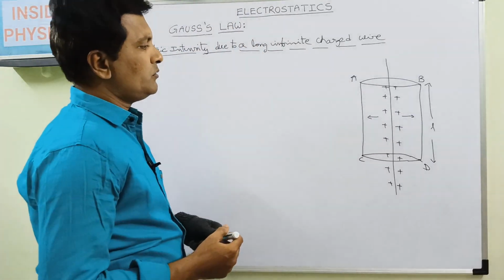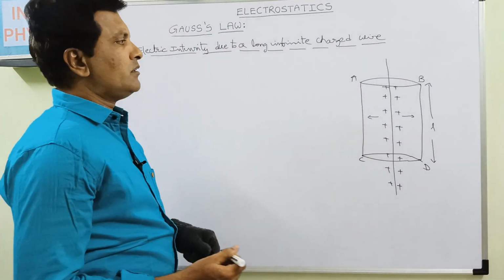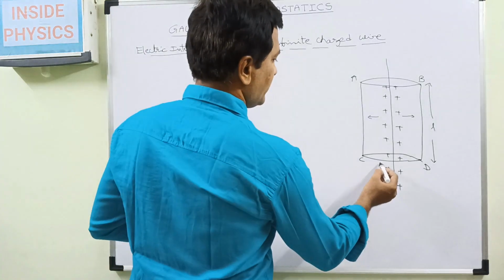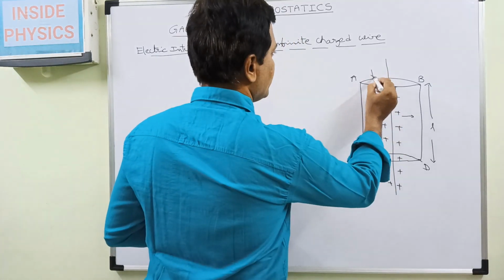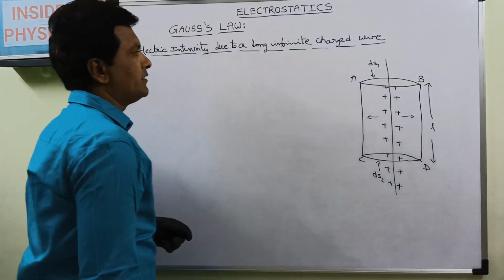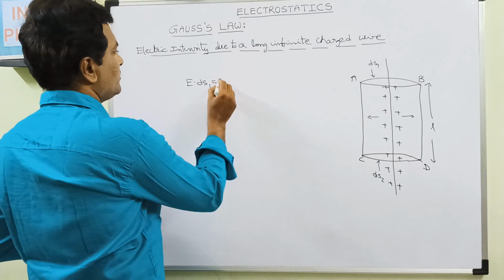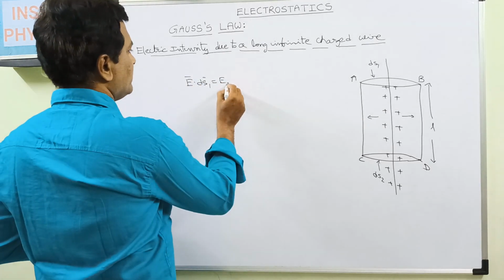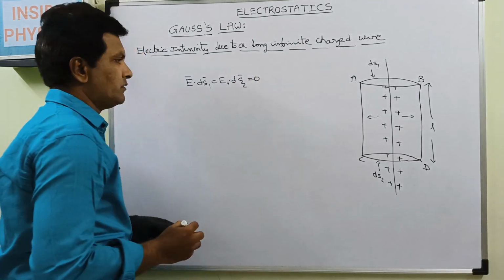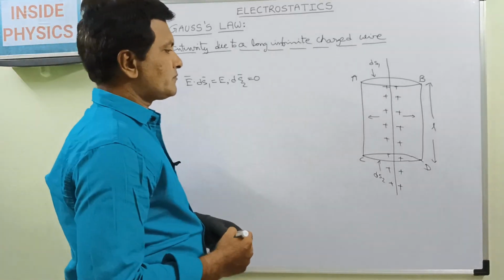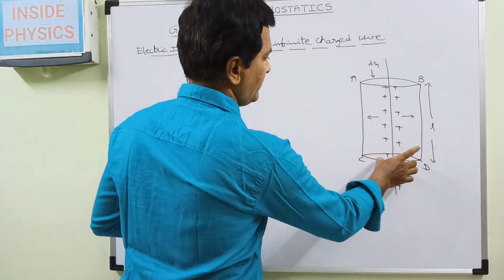So the flux coming through the surfaces AB and CD will be 0. If one surface we take as ds2 and the other as ds1, then E dot ds2 is equal to 0, because the surface here is perpendicular to the electric field.